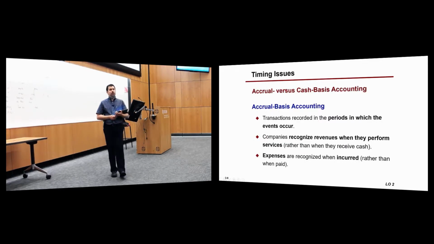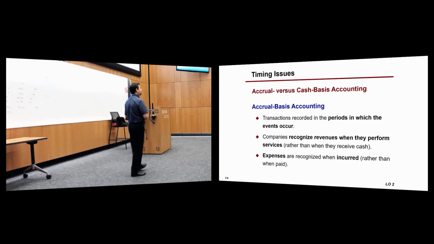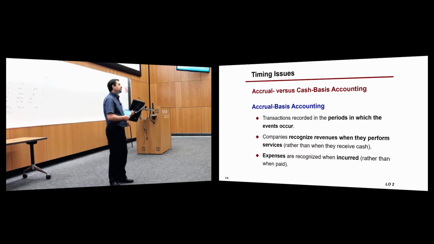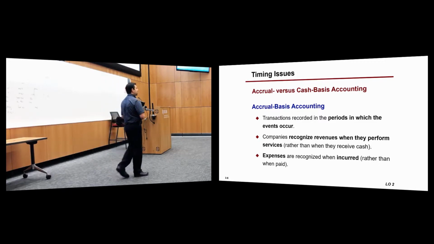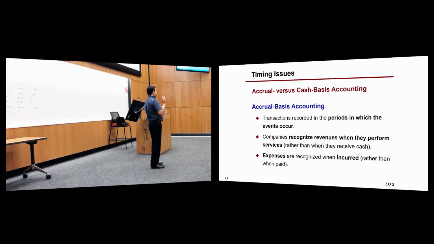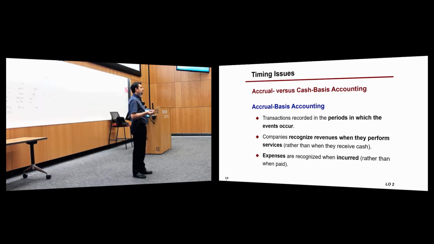Now, there are two ways to look at revenues and expenses as such. We have accrual basis accounting and cash basis accounting. Accrual basis accounting is where the company is expected to recognize, for example, revenues when the company has provided the service or made the sale, and to recognize the expenses when they are incurred.